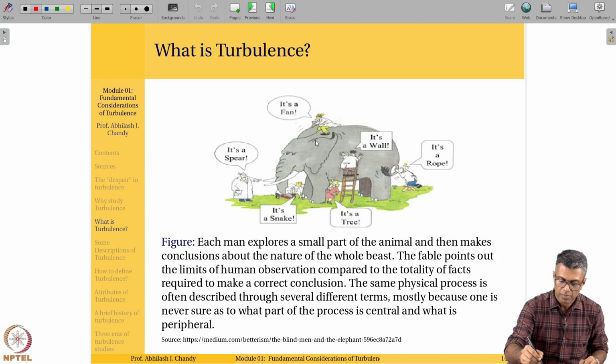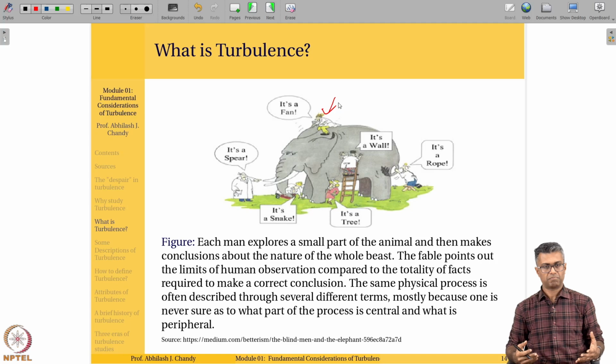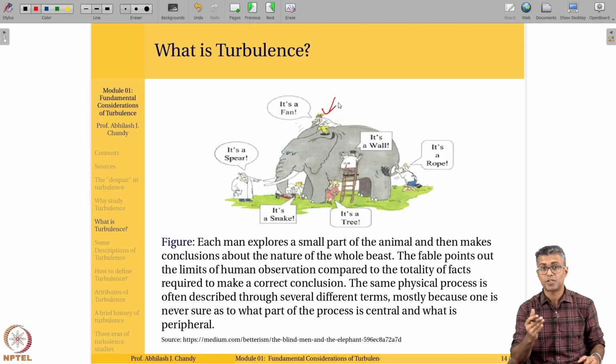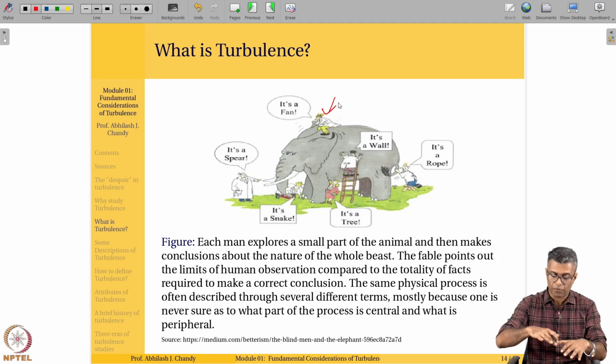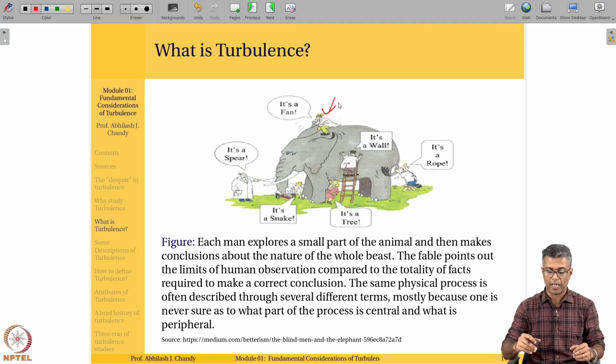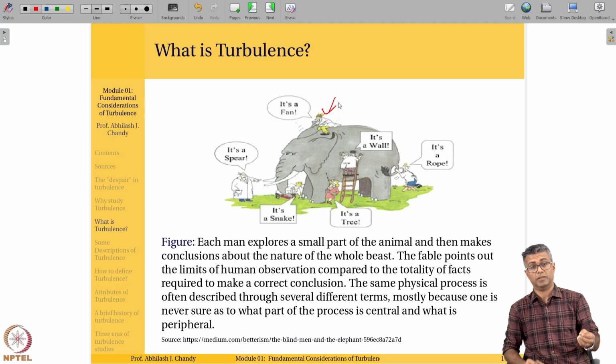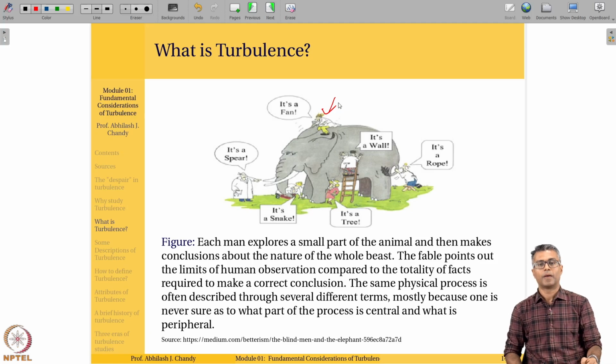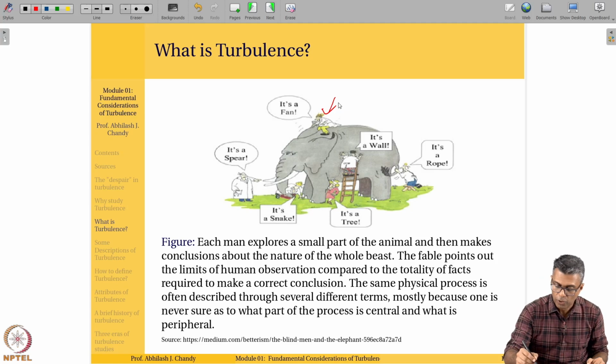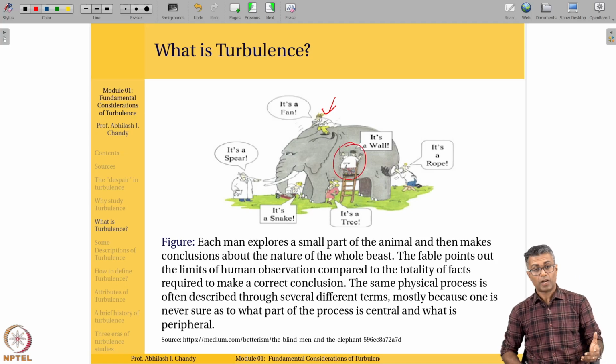One person is sitting on top of the elephant. Remember, he is blind. He doesn't know what is in front of him. He doesn't know what he is touching. He feels one part of the elephant. Say he is feeling the top of the elephant. He looks like he's feeling the ear of an elephant, and he makes an assumption that it's a fan. Another fellow here is on a ladder.